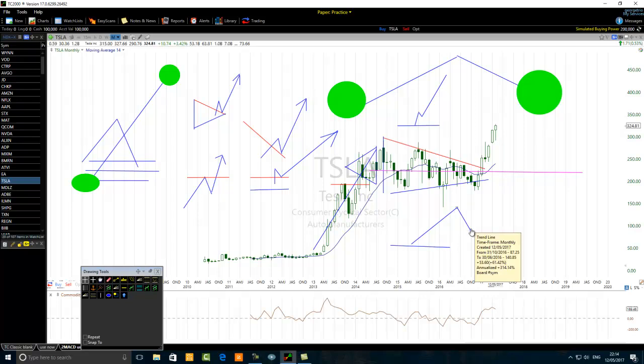Or there is some bad news, it can be geopolitical news that may affect the stock market, and you see that part of your profit has been erased.